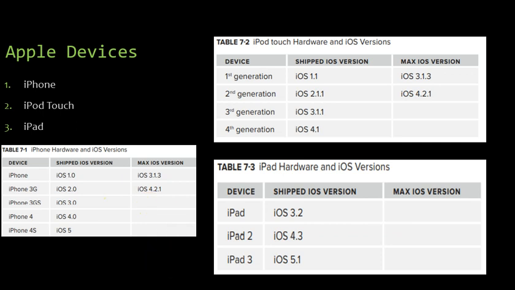Next, we'll move on with the iPod, that is iPod Touch. After the release of the original iPhone, Apple added a new product to the iPod product line, the iPod Touch. This device was built on iPhone technology.